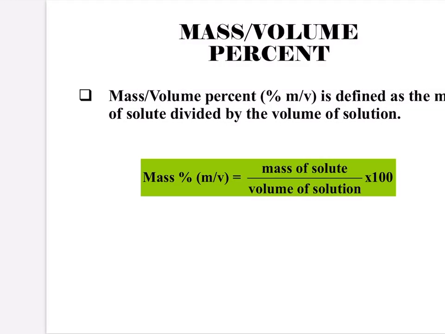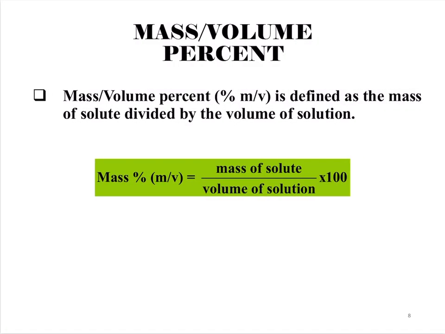All right, so the next and, I'd say, more common concentration unit is the mass to volume percent. This is defined as the mass of the solute divided by the volume of solution, right?